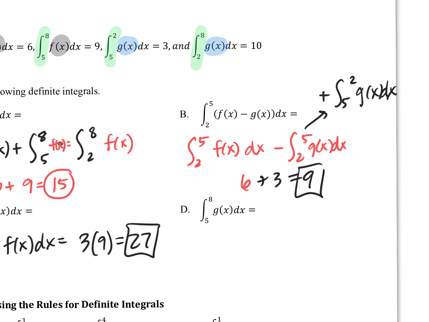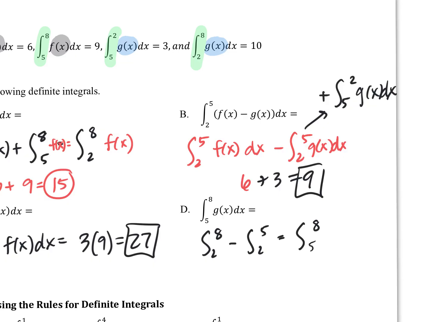5 to 2 and 2 to 8, and then I just got rid of 2. This is how I would have done this personally. I would have said, all right, I know from 2 to 8, minus the area from 2 to 5. Wouldn't that get me the area from 5 to 8?